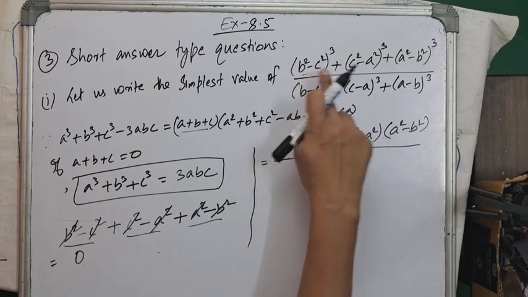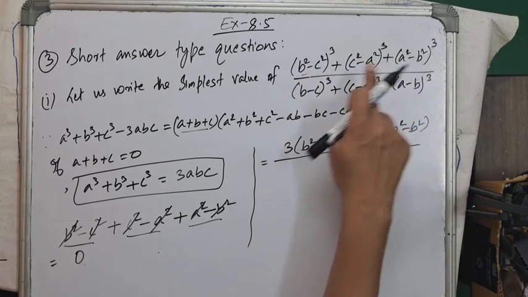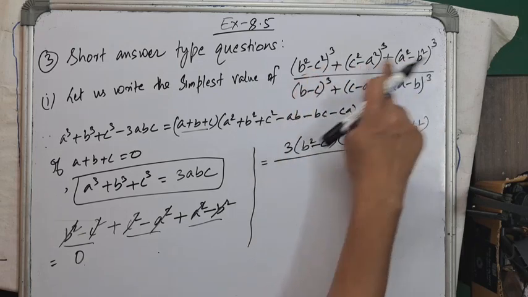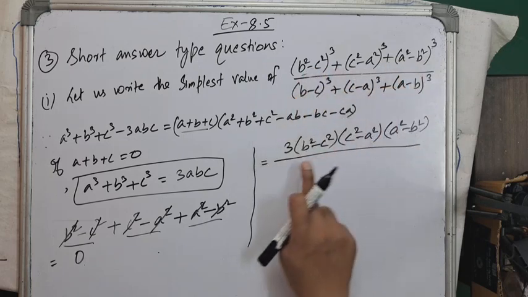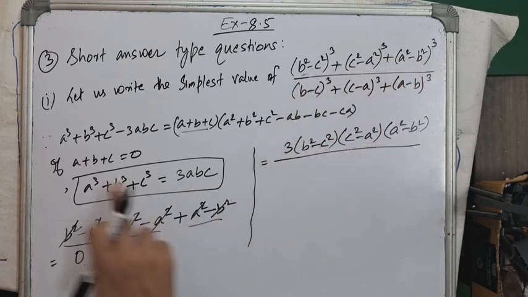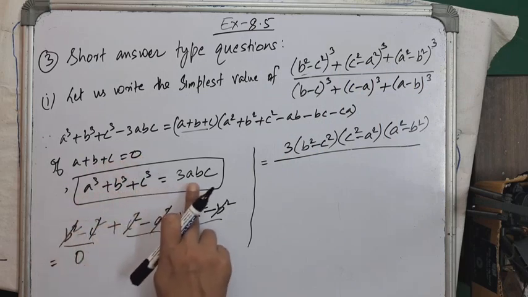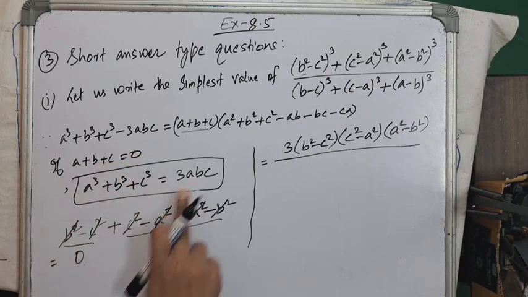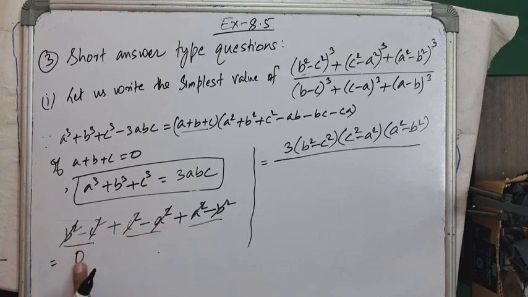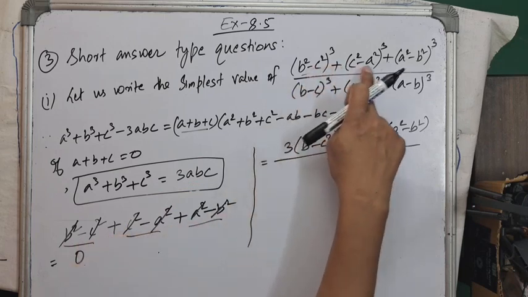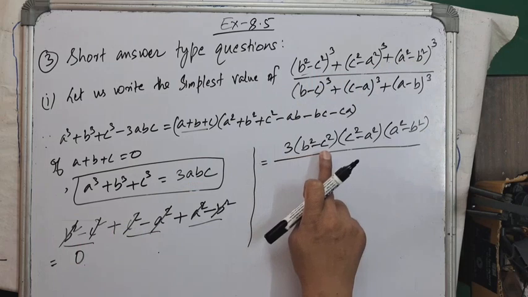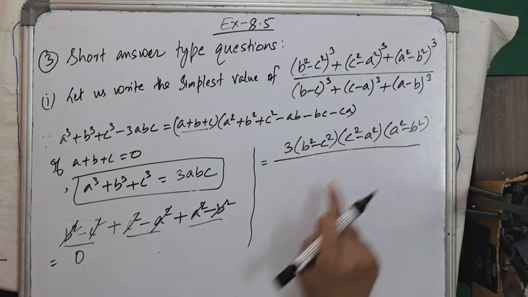Because we got a + b + c as 0, a³ + b³ + c³ must be equal to 3abc.